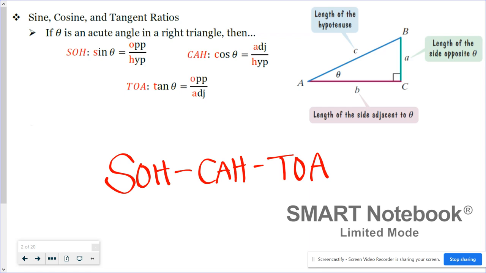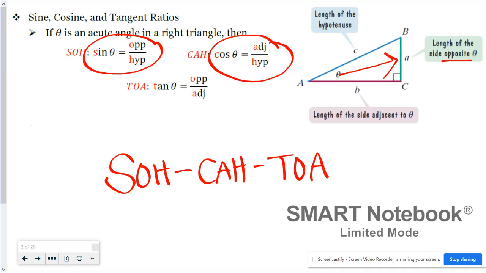It tells us that sine is the ratio of the opposite over the hypotenuse. So pay attention to your reference angle, draw an arrow, and that arrow will point to your opposite side. The CAH in SOHCAHTOA tells us that cosine is the ratio of the adjacent over the hypotenuse. And TOA tells us that tangent is the ratio of opposite over adjacent.